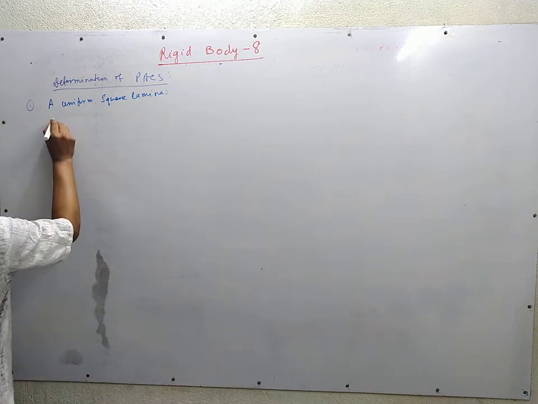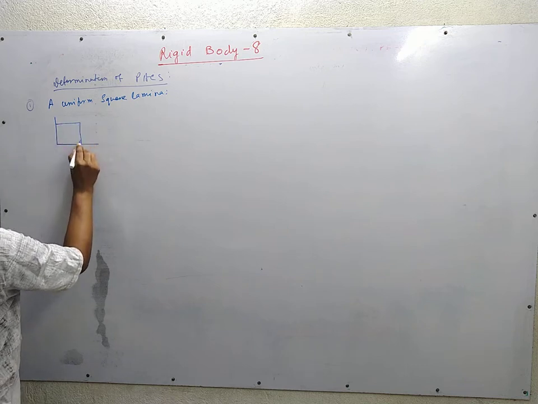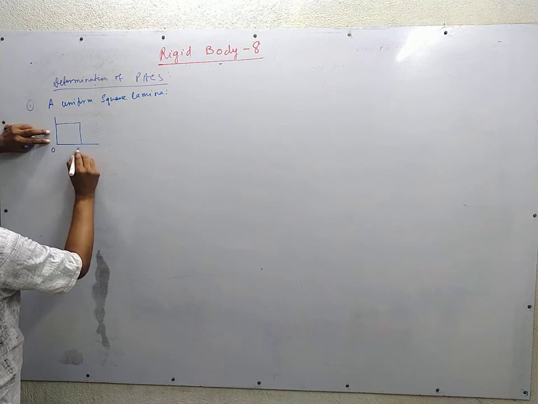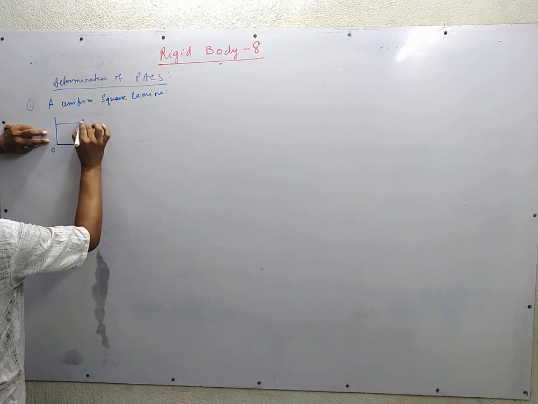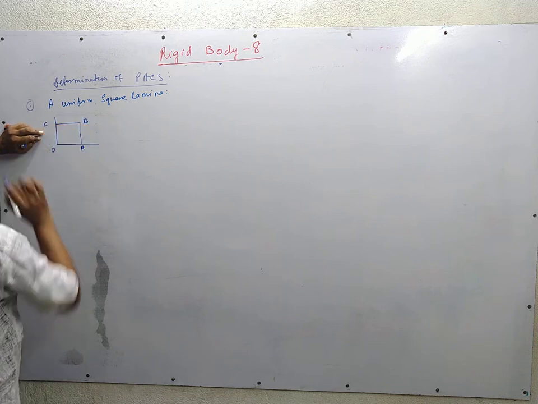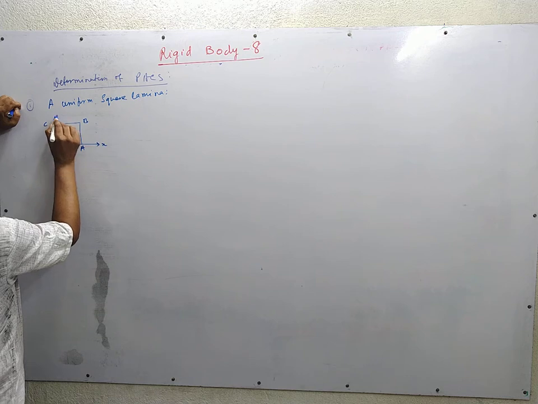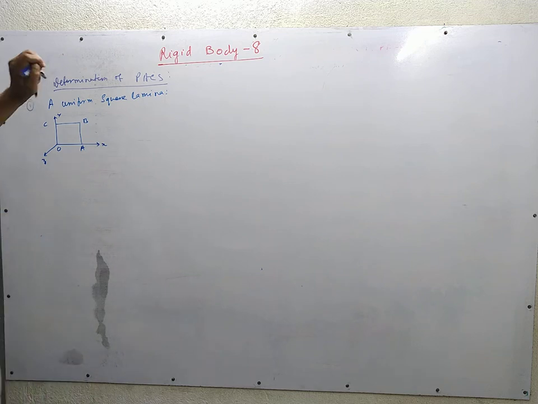It is the uniform square lamina. We choose one corner of it as the origin of the Cartesian coordinate system. This is the x-axis, this is the y-axis, so the z-axis is in this direction.